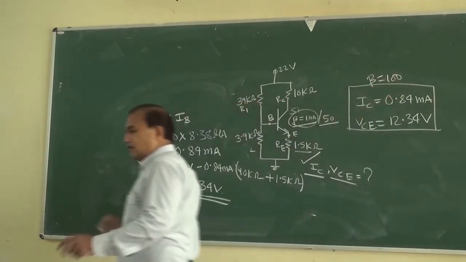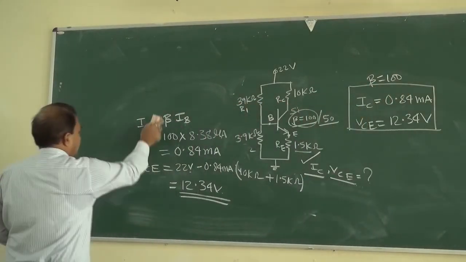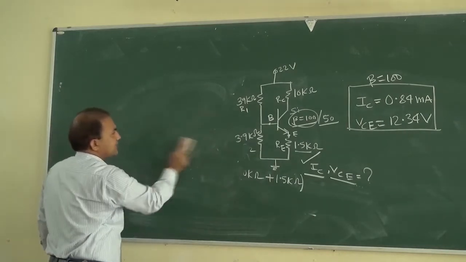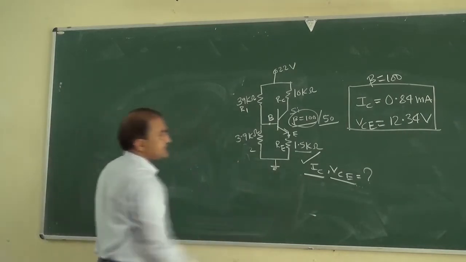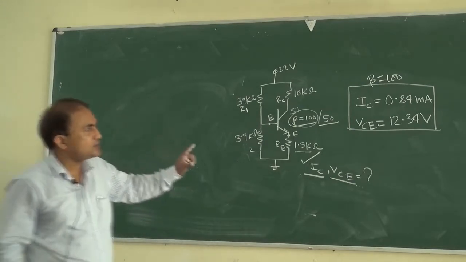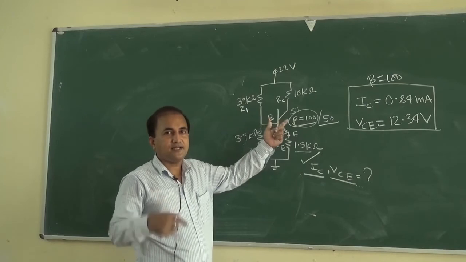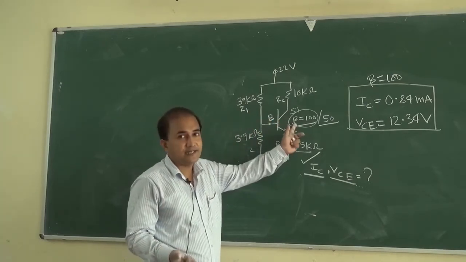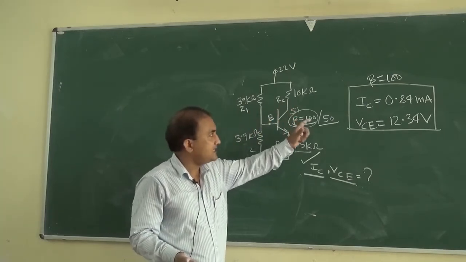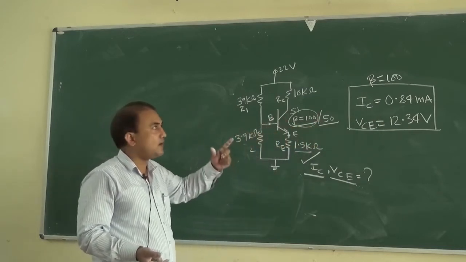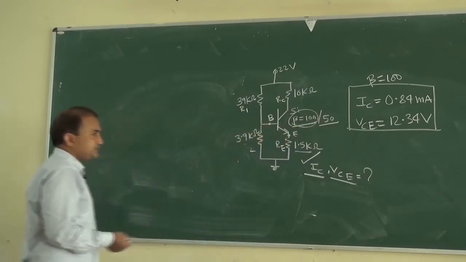Okay, now we will see VCE and IC when beta is equal to 50, means when beta is reduced to half. Earlier it was 100, if it is reduced to 50, then what will be its effect on the operating point? We will see.